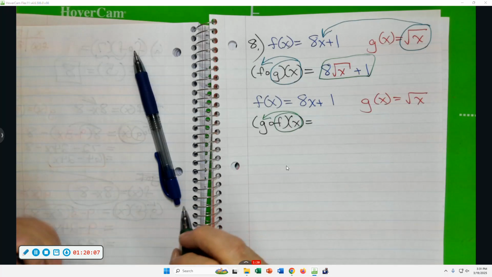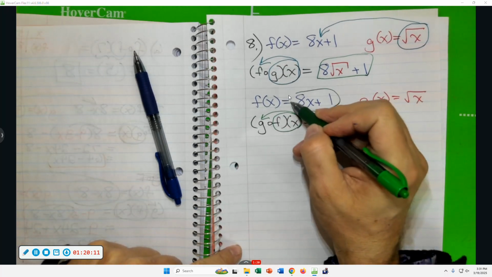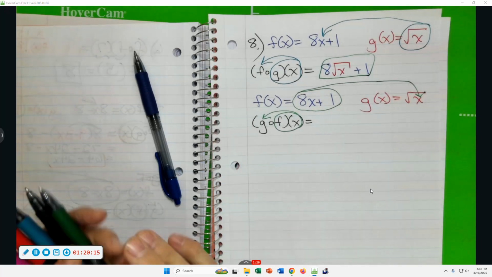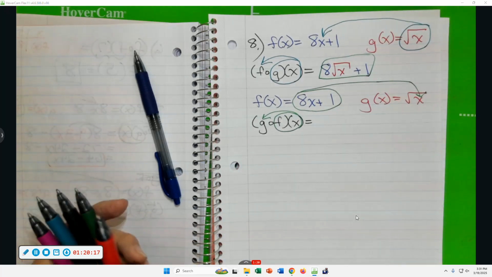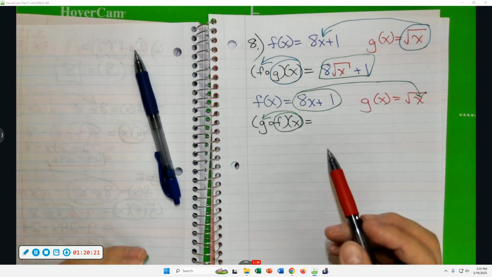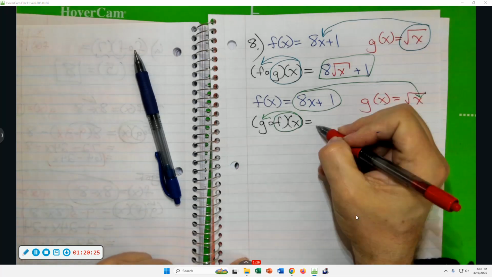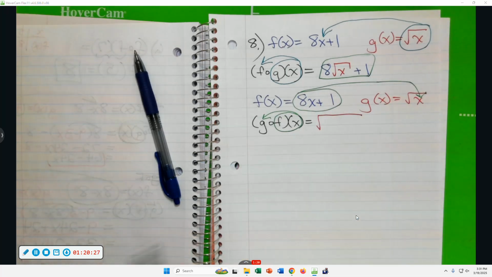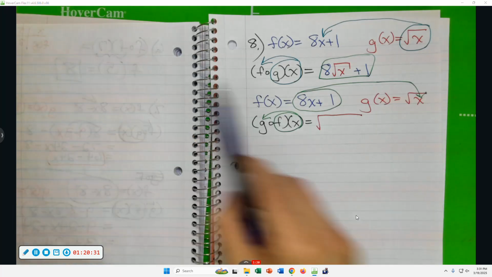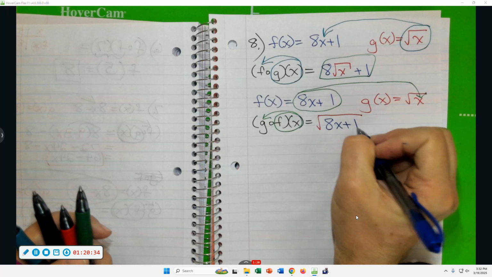So you think, okay, take f of x and we're going to plug it in over here into g. In words, if someone asked you what you are doing here, you'd say, I'm going to replace that red x with what? What am I going to have in place of that red x? A blue 8x plus 1. That's right.